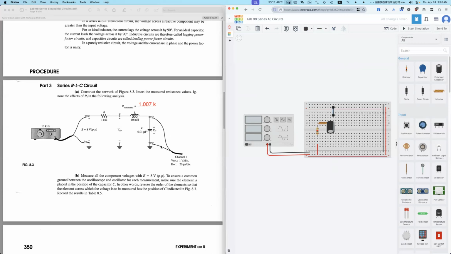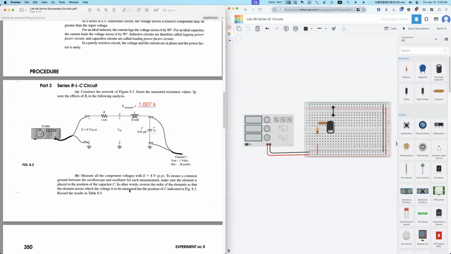So when you measure a component, you should put it in the position that connects to the ground. If you want to measure the inductor or resistor, you need to switch positions. So put the inductor in this position and put the capacitor in the inductor's original position. Only in this position can you measure voltage, in the real lab.